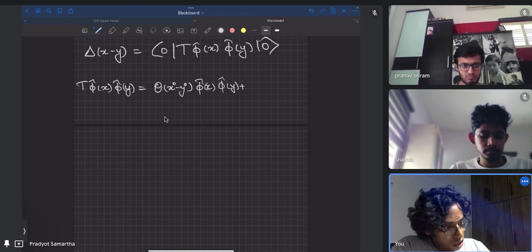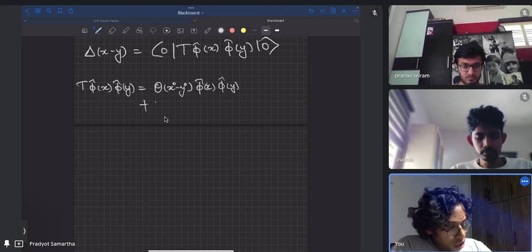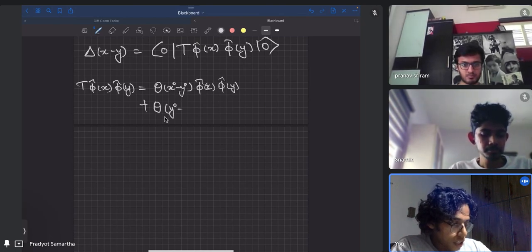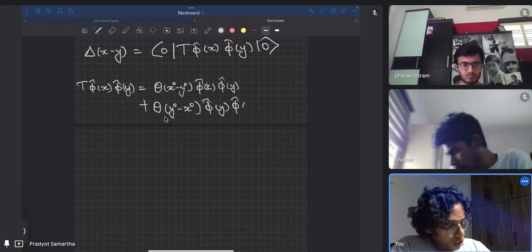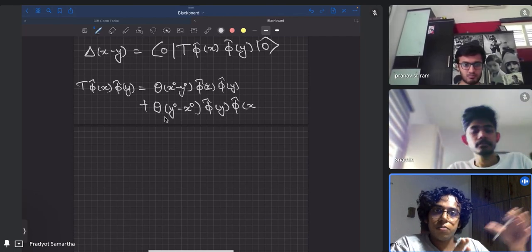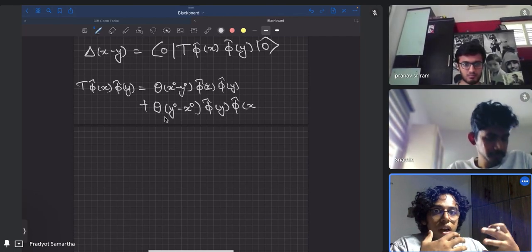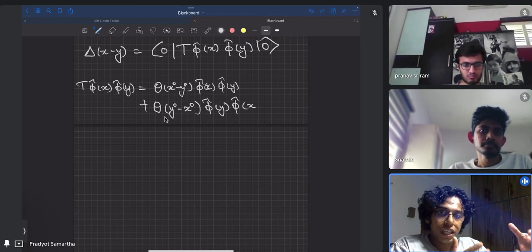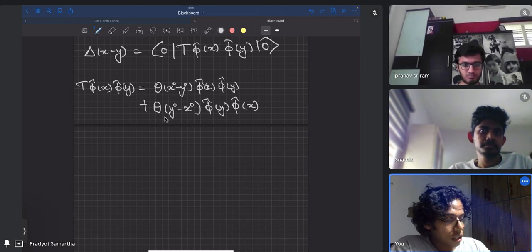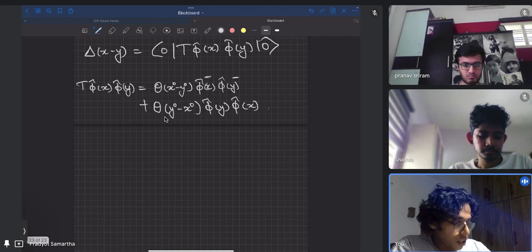In a simple sense, when you go through your essential QFT calculation, this means that your particle is created at x and then annihilated at y.